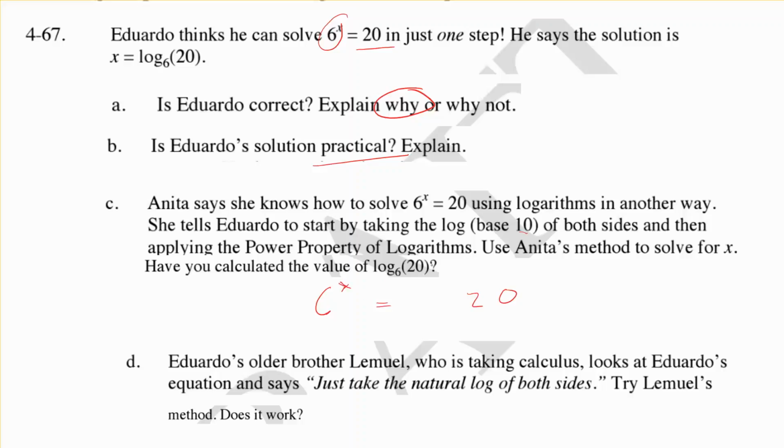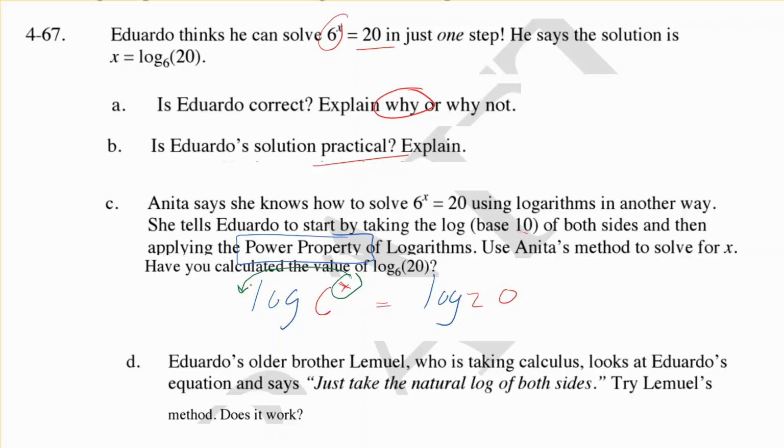The log of both sides that Anita is talking about is just writing log here and log here. So she took the log of both sides and then applied the power property of logs. What does that mean? That means if I have a power inside a log, I can put it in front.